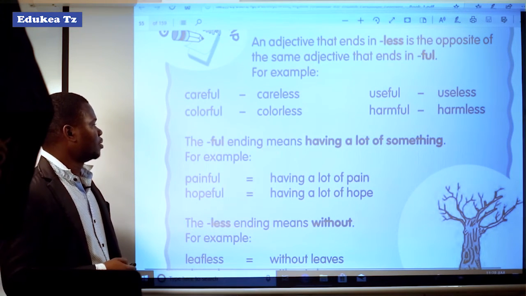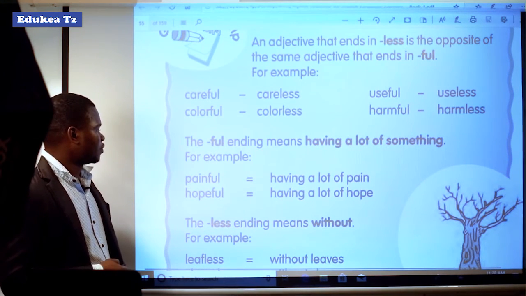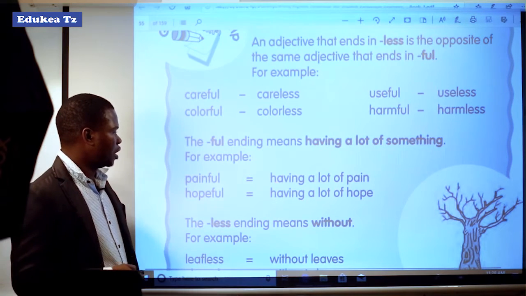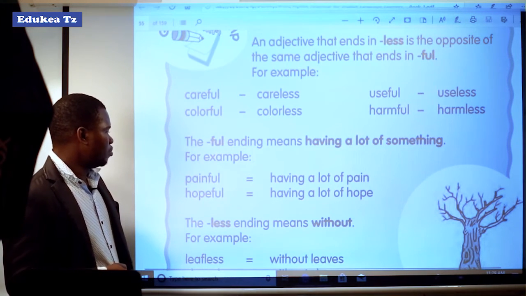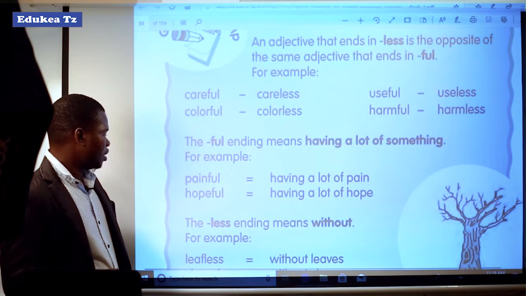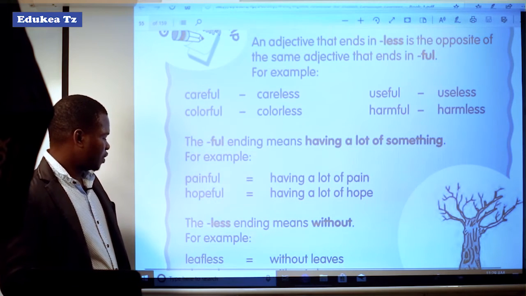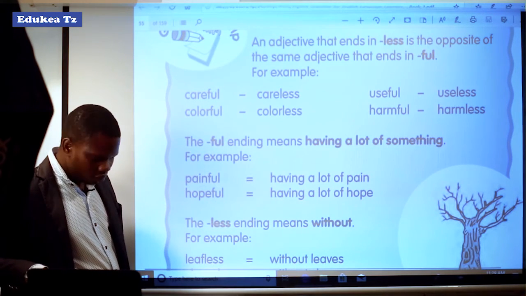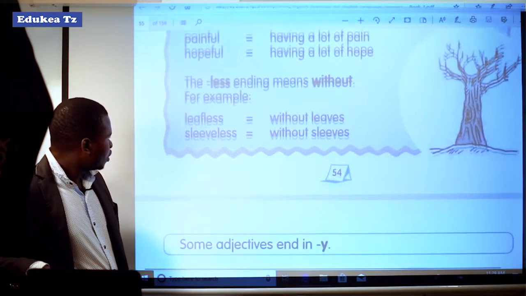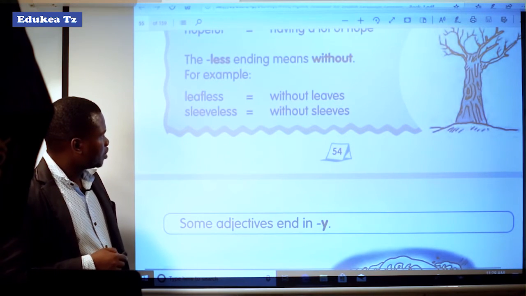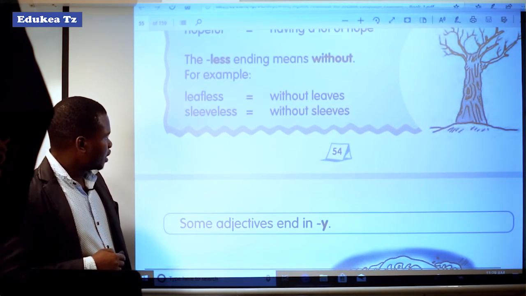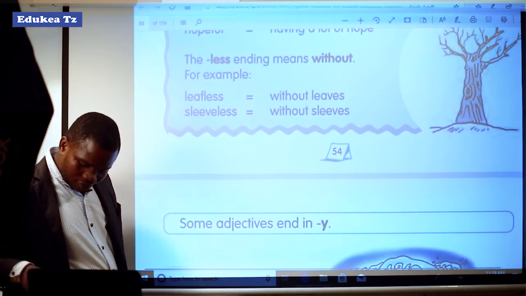The full ending means having a lot of something. For example, painful, having a lot of pain. Hopeful, having a lot of hope. The less ending means without. For example, leafless, without leaves. Sleeveless, without sleeves.